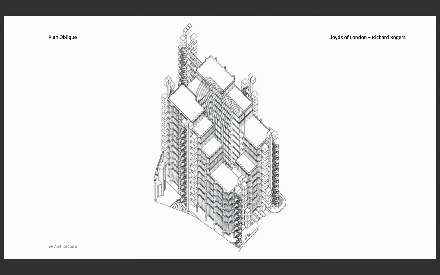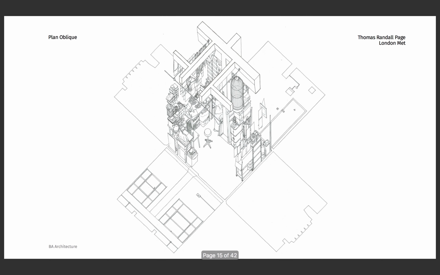Beautiful drawing, obviously drawn by hand, I think, at this point in the project's life, and it really presents very clearly this repetition of the elements within this building that construct the outside, and the emphasis on this external structure, which is part of the philosophy of Richard Rogers' practice in designing this building, to have the service elements on the exterior of the building, and you can see that very clearly in this plan oblique.